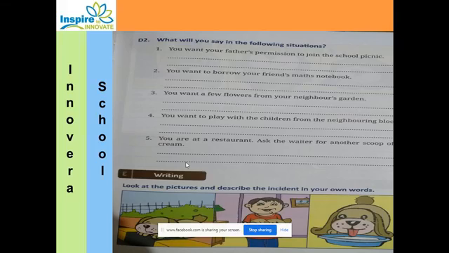So he observes that the dog is sleeping on the road and he brings him to his house. Right. What can you see in the third picture, children? In the third picture, you can see that the boy gives the small doggy a bowl of milk. He must have been hungry throughout the day.